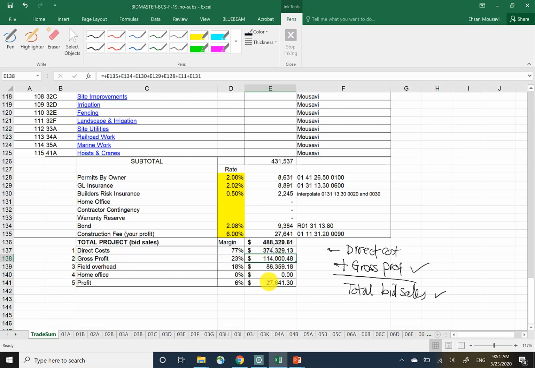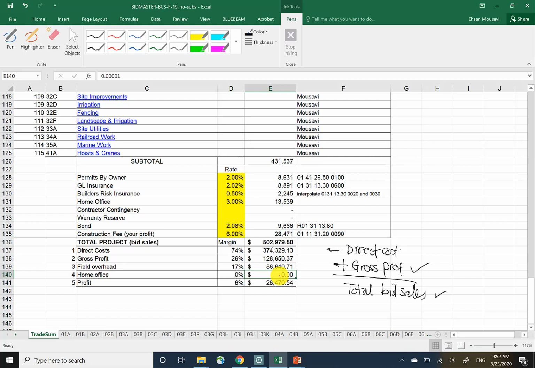Now let's focus on this gross profit. So if this is my gross profit, what I would say is that my field overhead is going to be basically everything but home office, but profit. So let's start with home office. In this example, my home office is 0. Let me just fictitiously give it a number, right? So if I give this 3%, then this will be my home office.